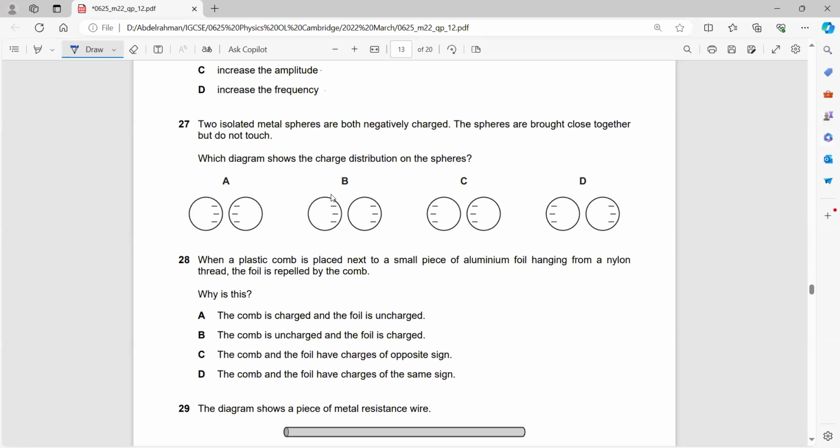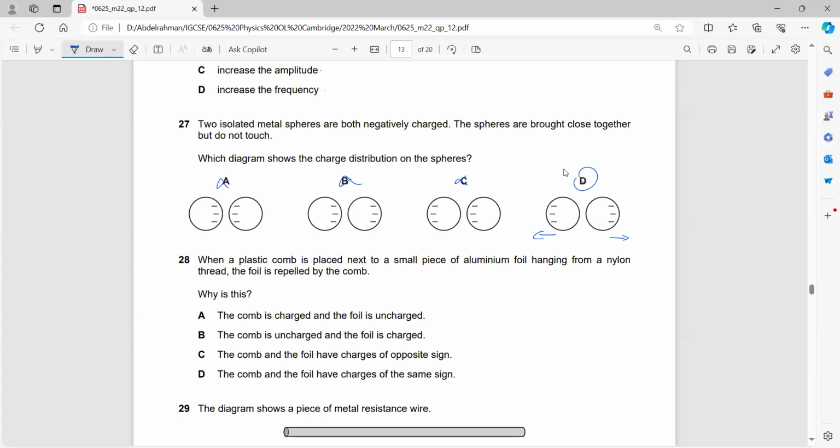Why? Because you should know repulsion and attraction. Are they attracted, as in A? No, they cannot be attracted, nor B, nor C. They are repelled. The negative charges want to repel. They want to move in opposite directions.